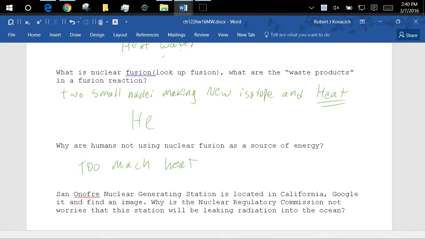That is the goal. The issue is we haven't actually successfully done that. There was a terrible little dark era in nuclear fusion, maybe 20 years ago, when two different schools in Utah were both trying to figure out cold fusion.